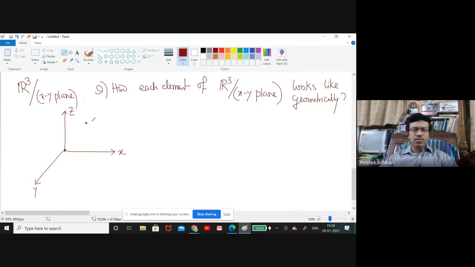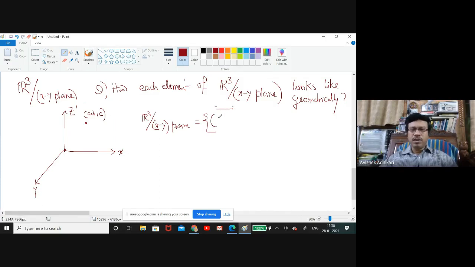So this is one point, say ABC. Okay. Now, first try to write in set theoretic notation how this R3 quotient XY plane looks. So it looks like an element of R3.